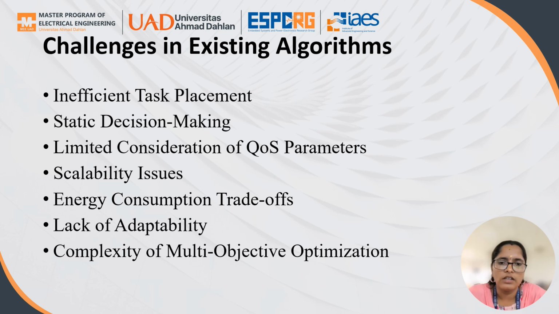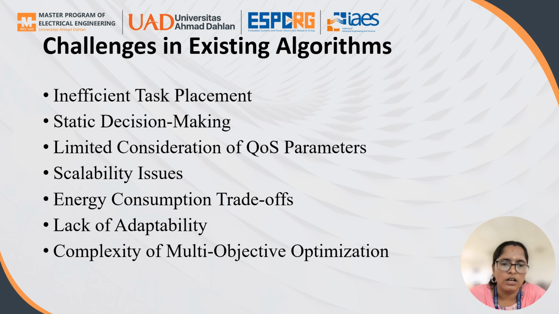The challenges in the existing algorithms. In task scheduling in the IoT fog environment, we face many challenges in the existing algorithms such as inefficient task placement, static decision making, and limited consideration of quality of service parameters.